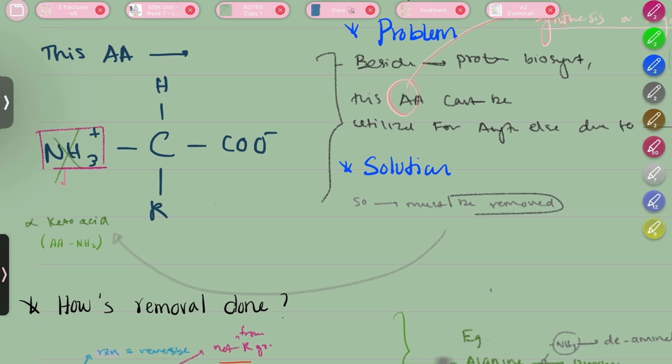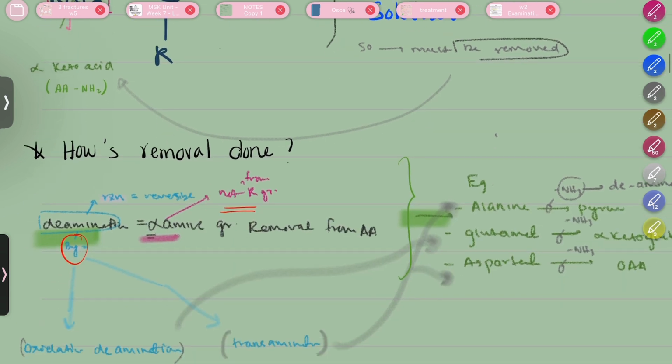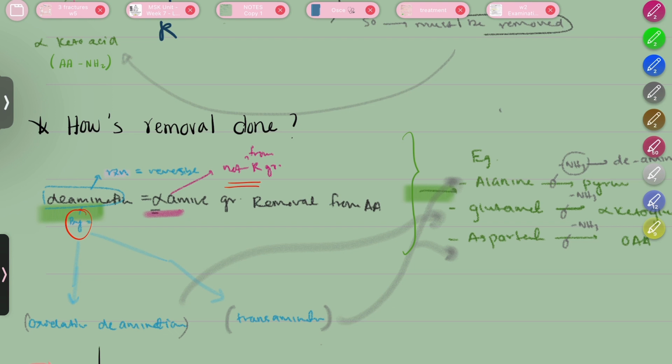Now we can utilize the amino acid. Okay, let's talk about how deamination is specifically done. Deamination is a reversible reaction, meaning that we can go and then come back to the original structure. It is usually the removal of the alpha amine group from the amino acid, not from the R group.